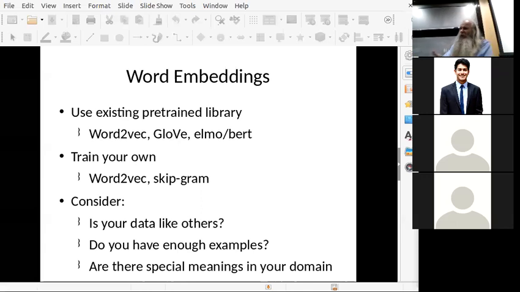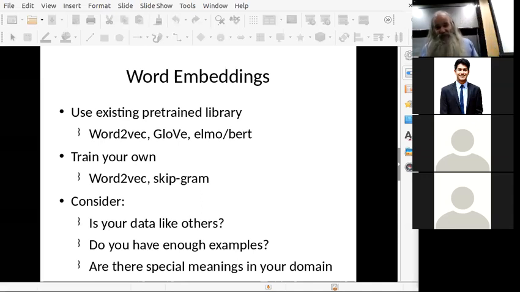But maybe dialogue in a game engine might be very specific, because it has very specific meanings of even standard words. And so that might actually work. So you have to ask the question, is the data you're working on generalized natural language, English or whatever language you're dealing with?